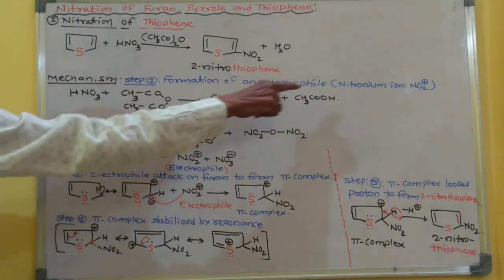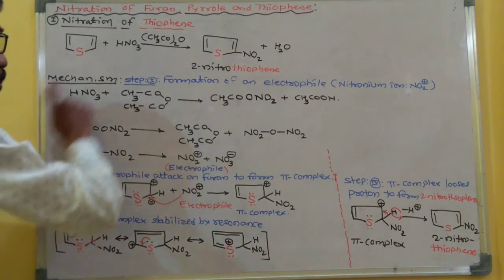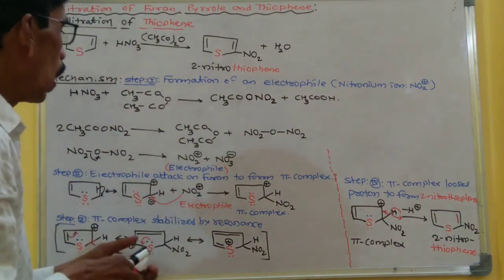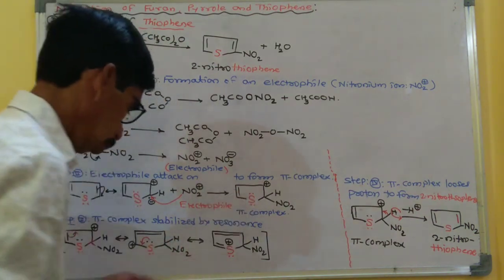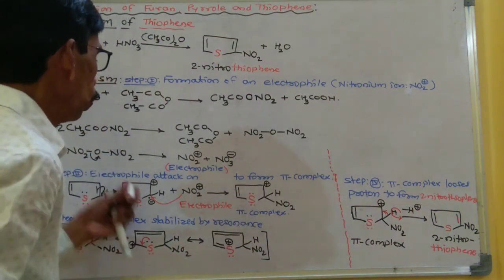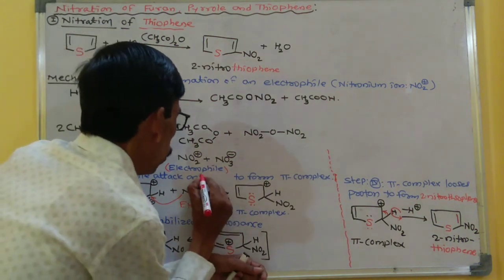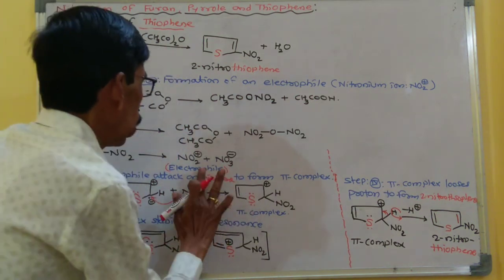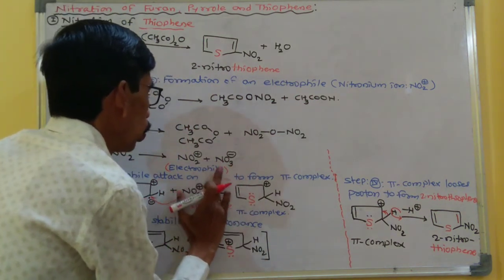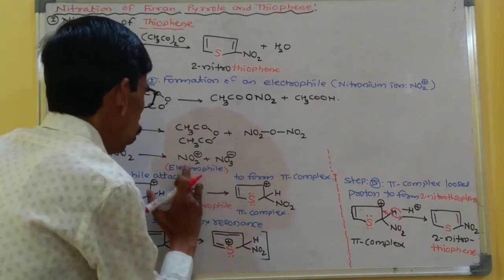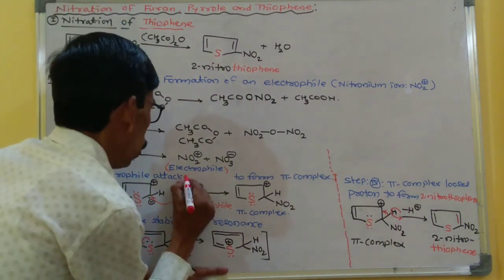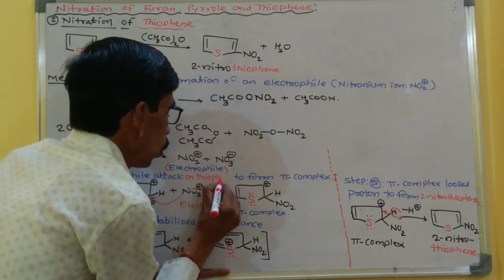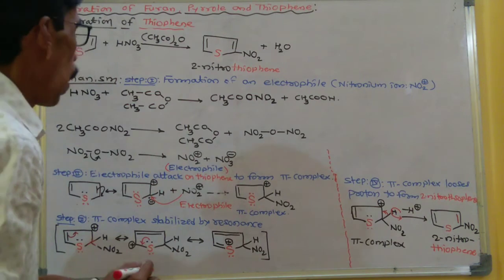The first step is the formation of the electrophile, that is the nitronium ion. Second step, the electrophile attacks thiophene to form the pi complex.